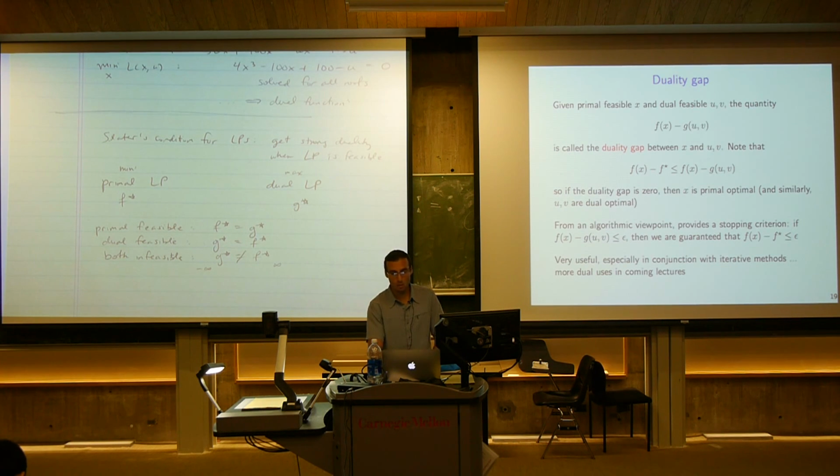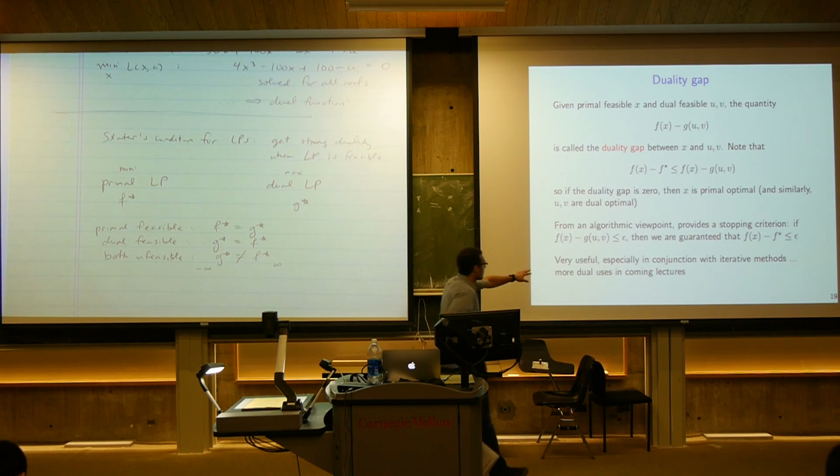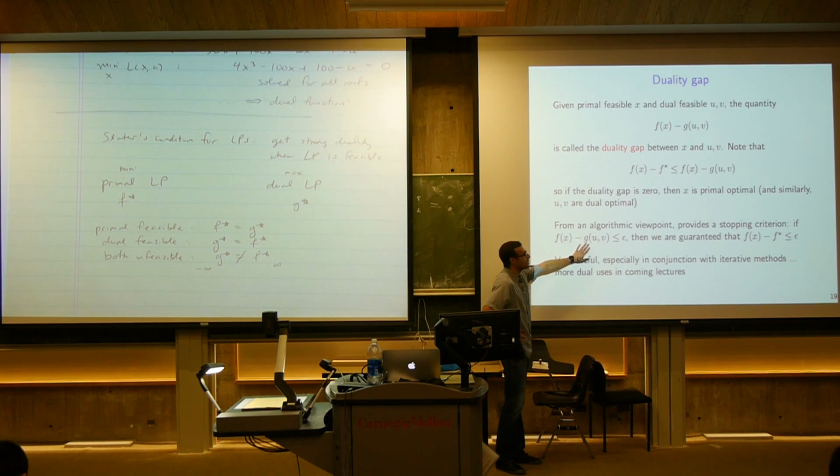Also, it's true that you're at most 0.001 suboptimal in the dual. The same argument shows that g star minus g is also bounded by the duality gap. So that's the algorithmic viewpoint, which is that it can be very useful as a stopping criterion.